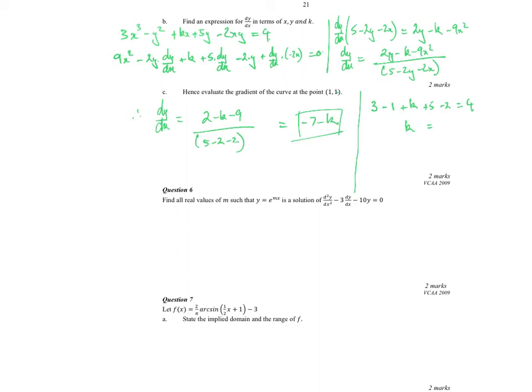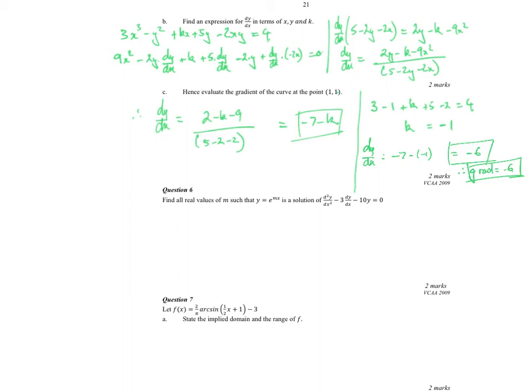Take that across. K is negative 1, I reckon. Therefore, we get dy dx is equal to negative 7 minus negative 1, which is negative 6. So the gradient equals negative 6.